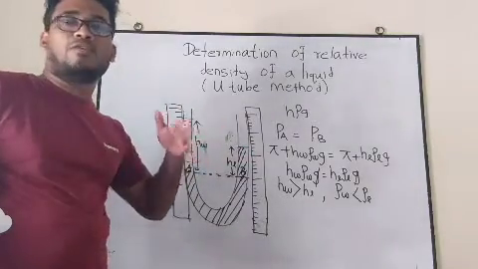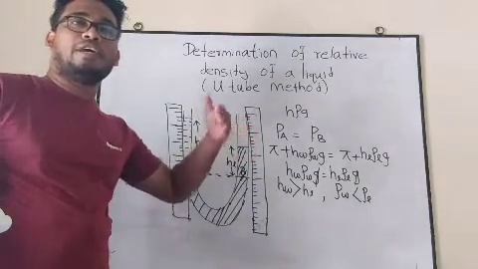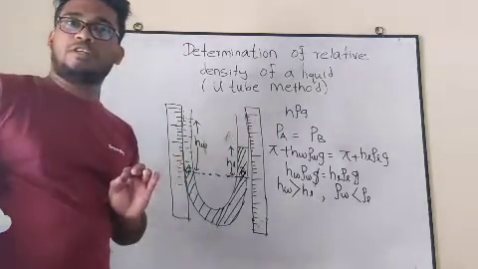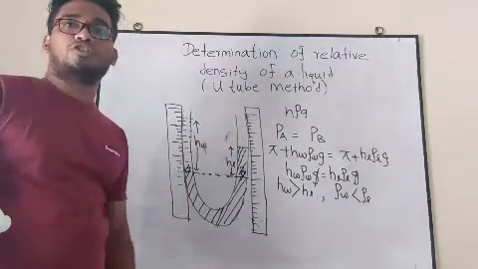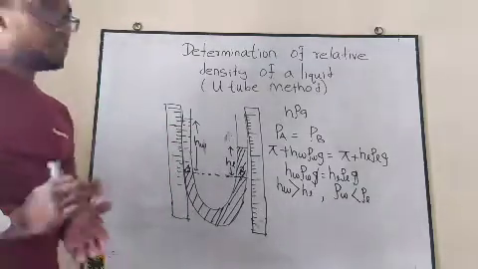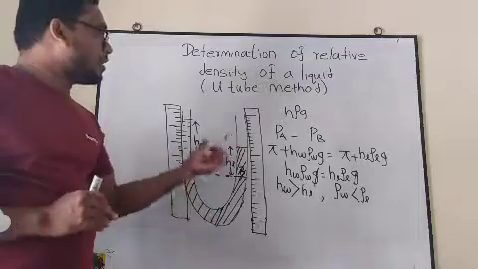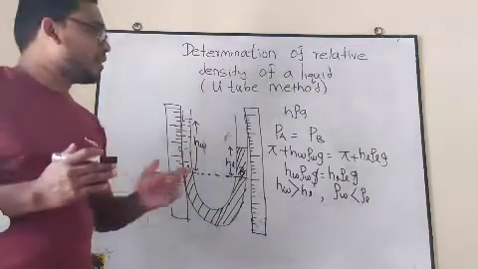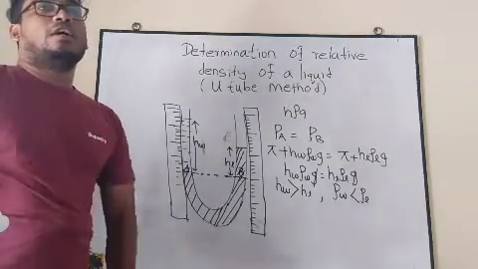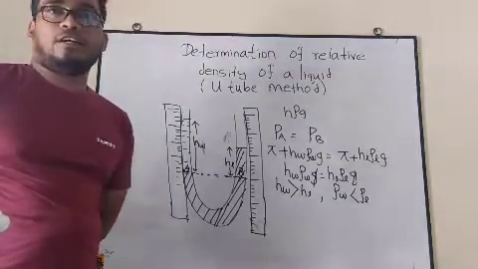It's going to raise the common interface by half of the added liquid height. Suppose you add x centimeter cube, the common interface should be raised by x by 2 centimeter. Understood? So that's why we can get different readings by changing the length of the liquid.